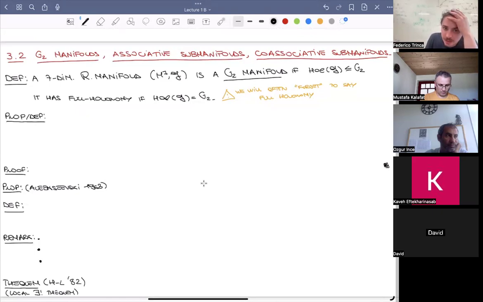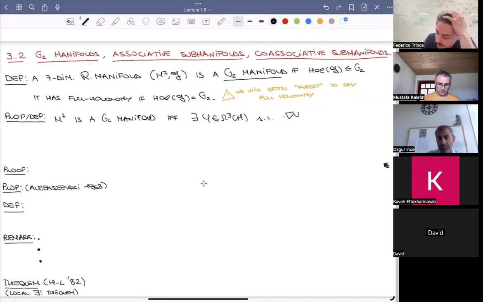This condition can be characterized by saying that M7 is a G2 manifold if and only if we have a three-form phi which is parallel, and it turns out that it is equivalent to say that d phi is equal to 0 and d of star phi is also equal to 0, so that phi is closed and co-closed.